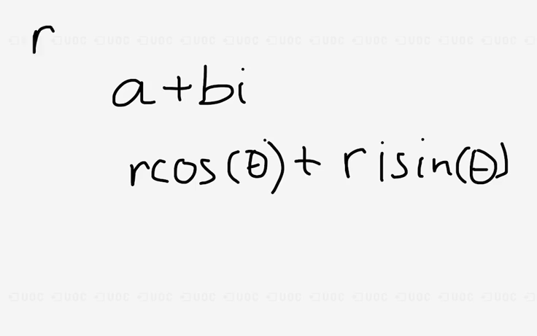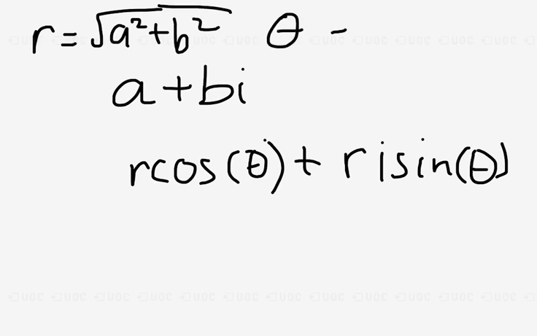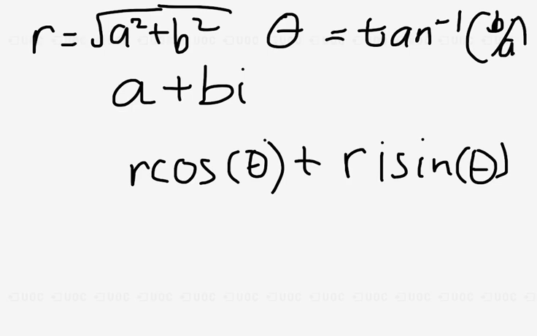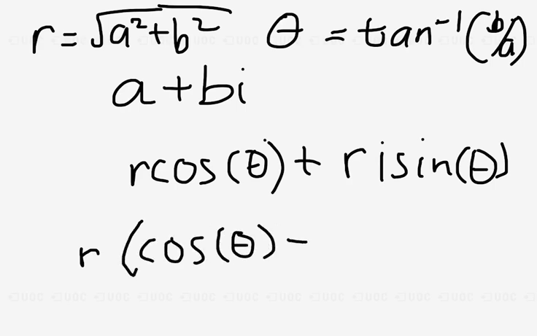And obviously r is the square root of a squared plus b squared, and theta is the inverse tangent of b over a. All right, we're almost done. This r, we can take it out: r times (cosine of theta plus i sine of theta).